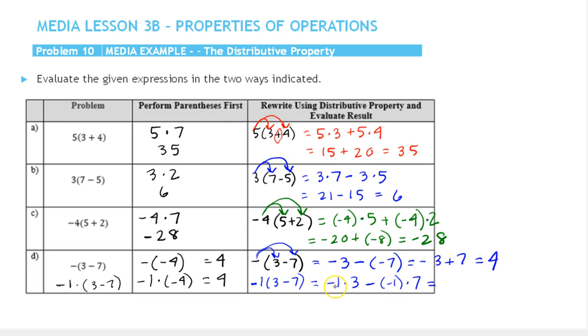Notice we get the same results. -1 times 3 is -3, minus -1 times 7 is -7, and subtracting a negative is the same as adding the opposite or adding a positive, which gives us 4. Okay? So 2 ways to think about this, thinking of taking the opposite of the terms inside, where this is +3 and this is +7, or distributing a -1, which basically has the result of giving you the opposite.